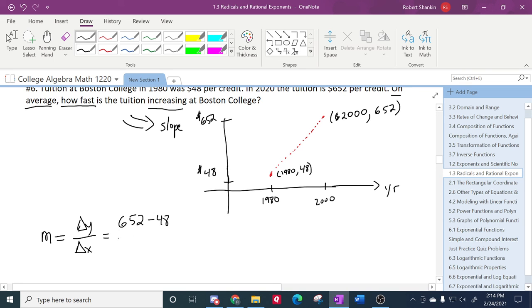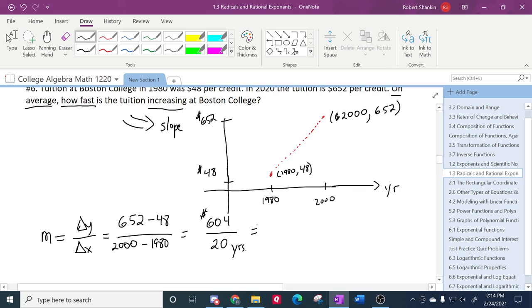652 minus 48 over 2000 minus 1980. And this is going to be 604 over 20. Now, what is this really saying? That it went up $604 in 20 years.